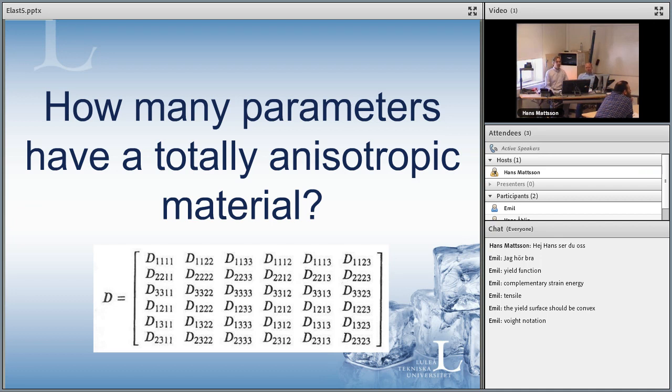The number of elastic constants for a totally anisotropic material.